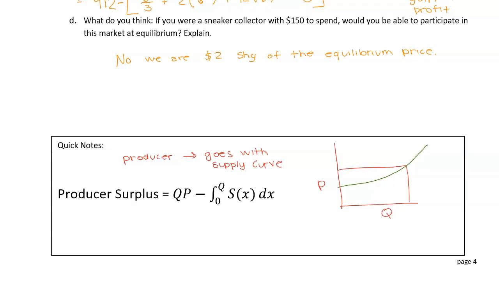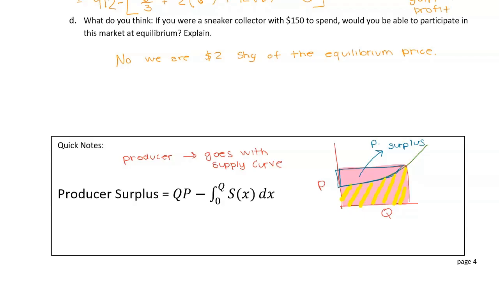To find the surplus, we just need to first find the area of the rectangle, and then we'll subtract off the area under the curve. That will give us the surplus.